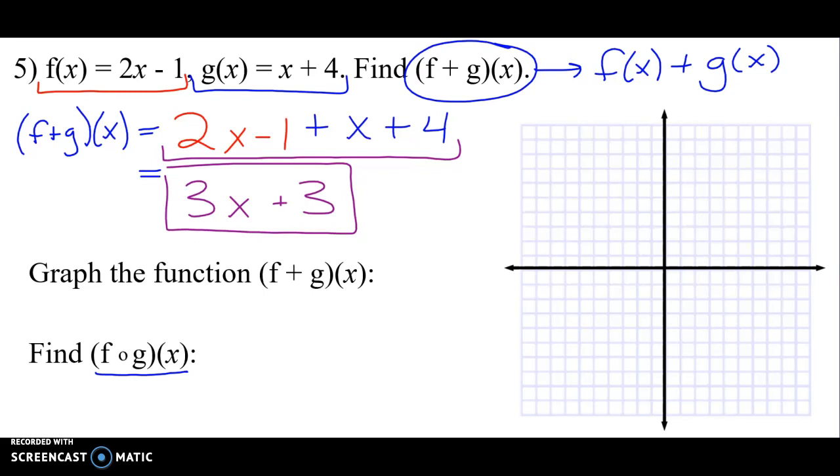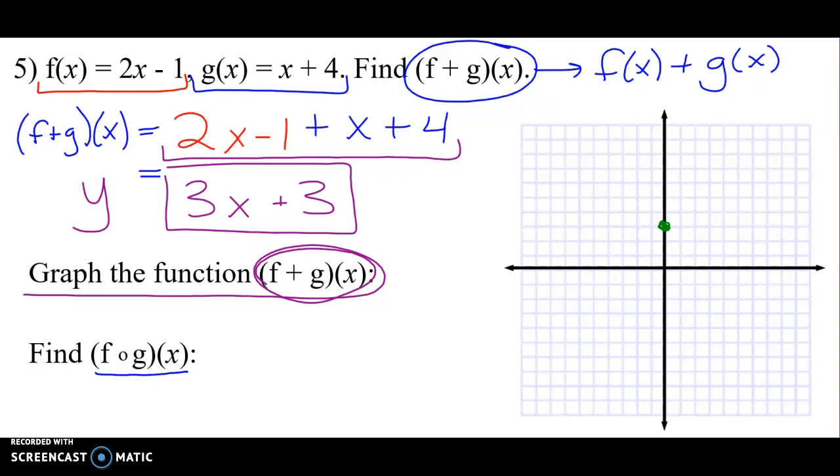Now in a way, remember f of something, that's talking about your y values, your outputs. So really, this is kind of like y equals 3x plus 3. It's really just a line. We took a line, we added another line to it, and we got a line. So what is the y-intercept of this line? Because now it wants us to graph what we just found. Yeah, it's 3. It's that b value. So on your graph, you'll put a 3.